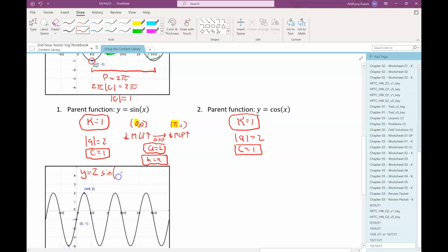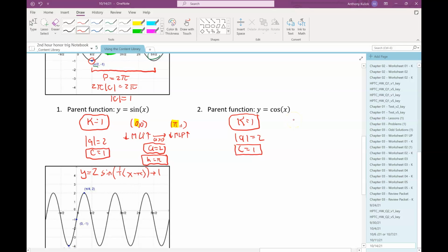So A sine 1 over c x minus h plus k. And again, you could simplify that down a little bit if you wanted to, like the 1 over 1 doesn't really need to be there, so you can drop the inner set of parentheses. But I'm going to leave it written like that, so it's clear how I plug things in, when you guys go back and look at stuff.